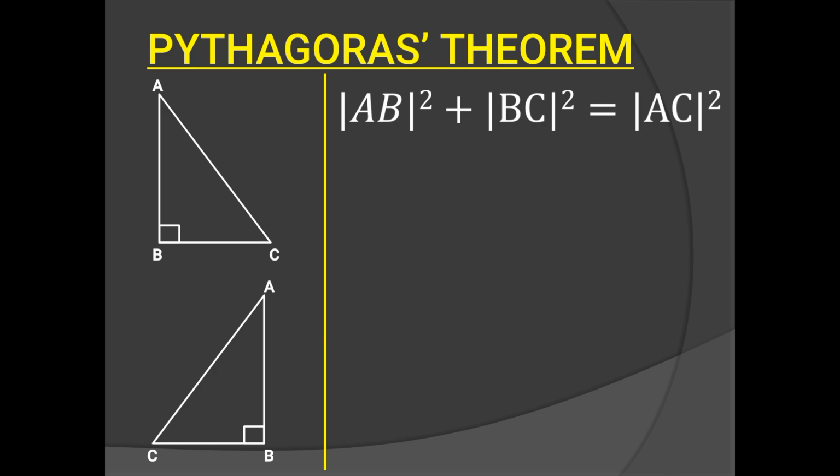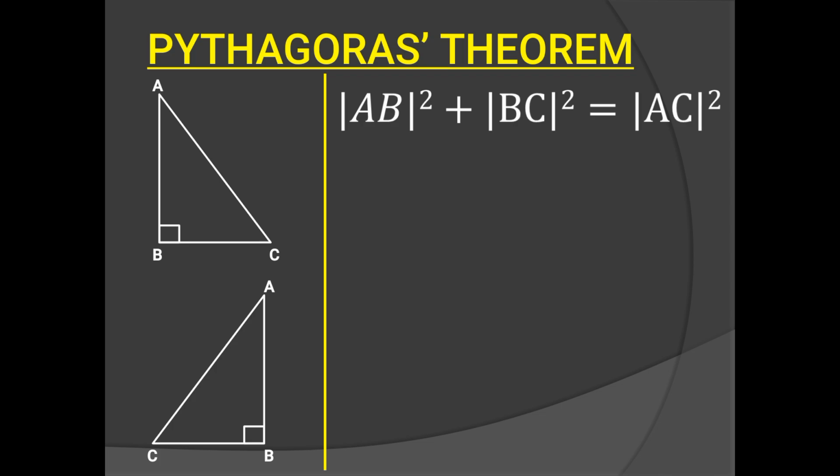Right? Square of AC should be equal to square of AB plus square of BC. In other words, if you want to know the hypotenuse, add the square of AB to the square of BC, and that will give you the square of AC.